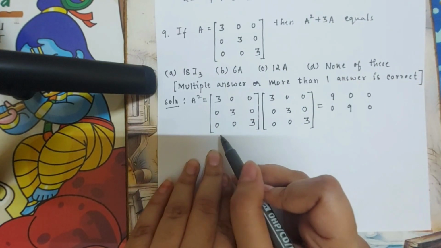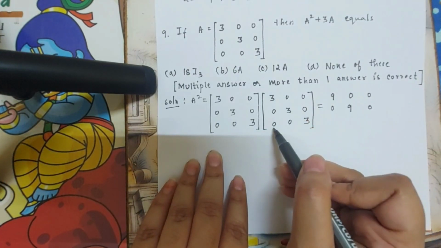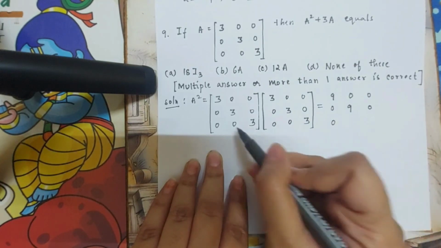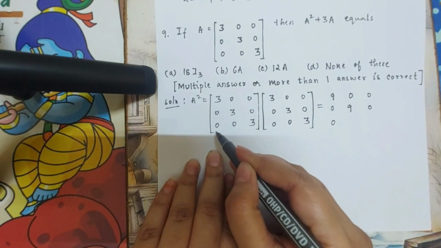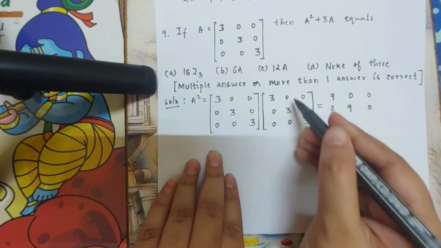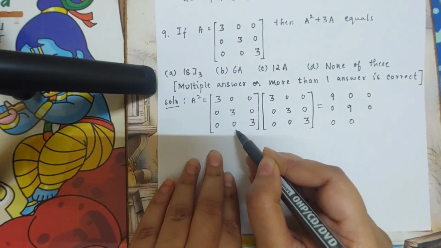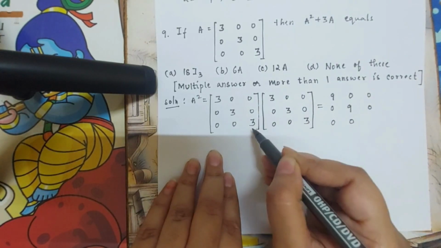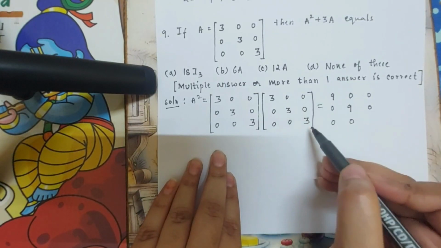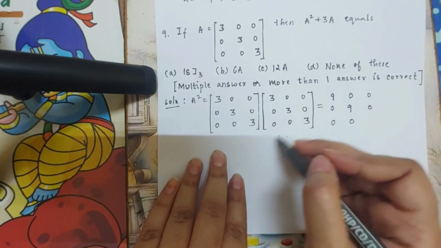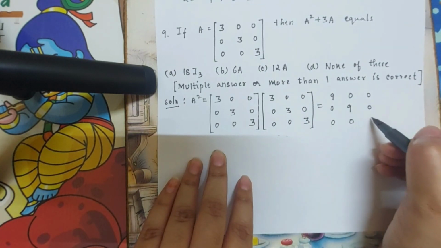Now we'll be considering the third row with first column: 0 into 0 plus 0 into 0 plus 3 into 0 is 0. Again, third row with second column: 0 into 0 plus 0 into 3 is 0 plus 3 into 0 is again 0. So third row with third column: 0 into 0 is 0 plus 0 into 0 is 0 again plus 3 3s are 9.